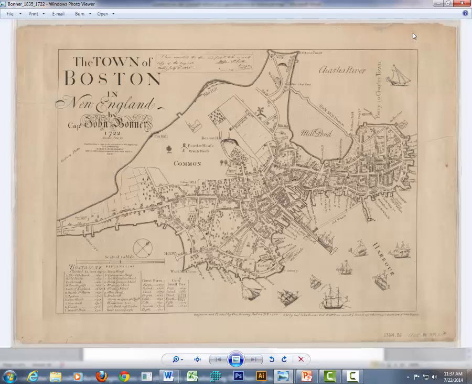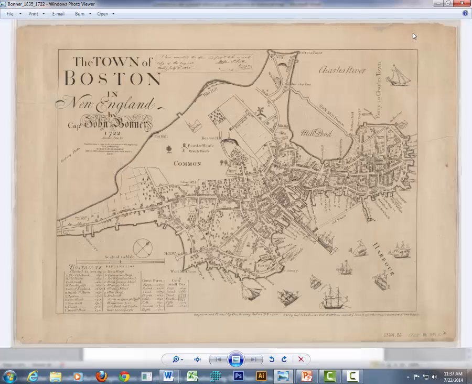This is a wonderful 1722 map by English Captain John Bonner, a sea captain of Boston during its flourishing early colonial days. It's a wonderful map, chock full of information. Now remember, the first question is, how do you want to use this map?